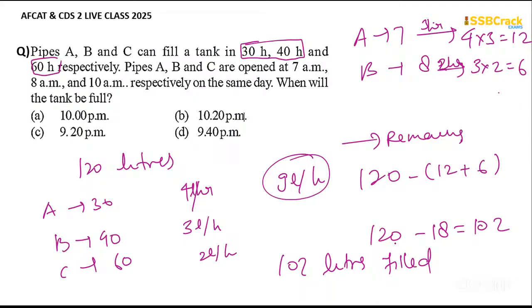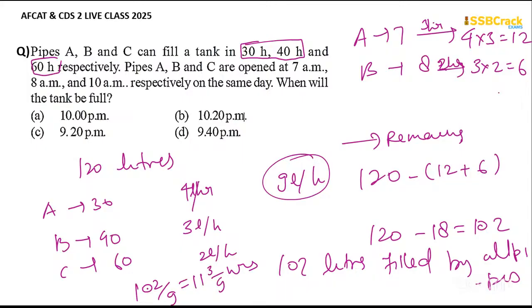So 120 liters has been filled by all three pipes together. The total time taken, because it is filling 9 liters per hour, will be the remaining amount divided by 9, which is somehow equal to 11 and 3/9 hours.